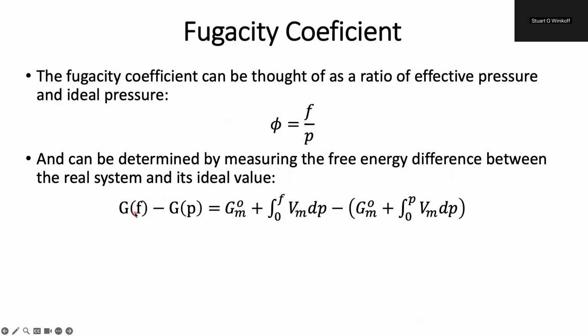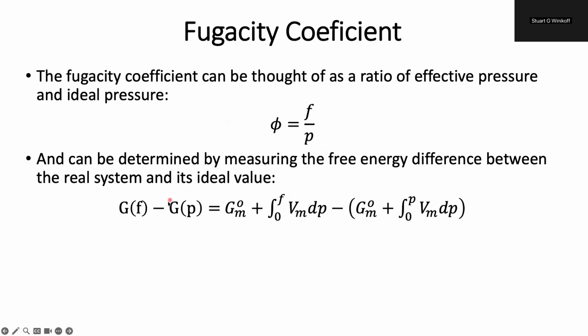Now we can insert the expression, again knowing that it's going to follow this same general relationship: the free energy of a system with a fugacity f can be obtained by comparing that standard state free energy, because that won't change, and then again this same pressure correction where we integrate from 0 to whatever the fugacity is, because the fugacity is going to act like it's ideal just with a higher pressure, but it will still use the same equation.